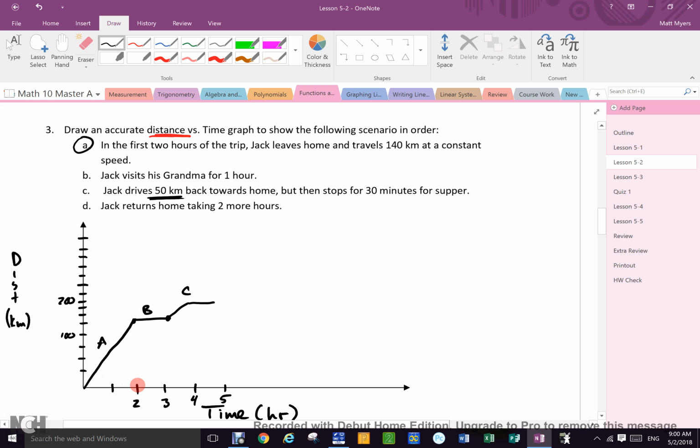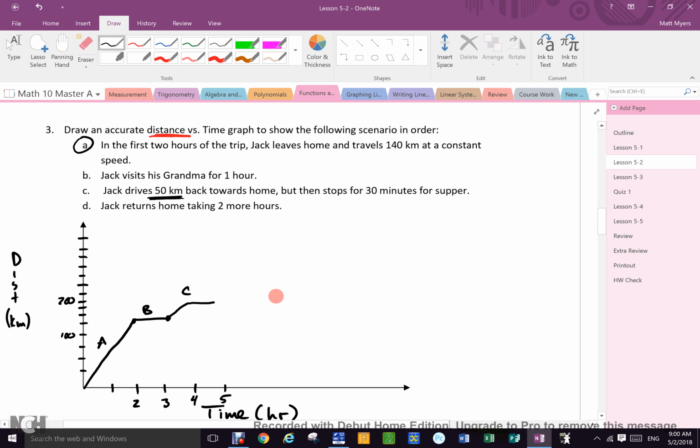He took 2 hours to get to Grandma's, but he's taken all this time, and now he's taken 2 hours to get all the way home. Will the line be steeper or shallower than here? Is he going the same amount of time? 2 hours to get to Grandma's, now he's taking 2 hours to get home.